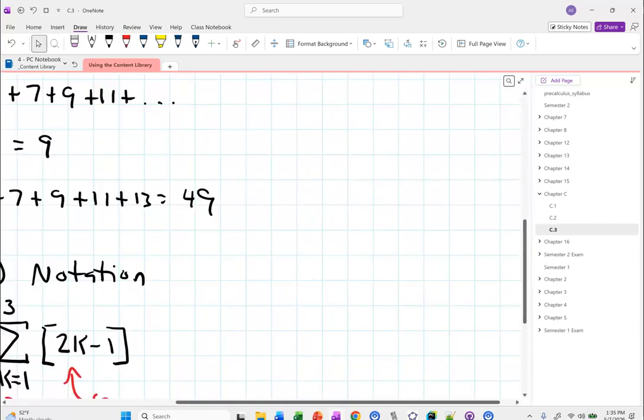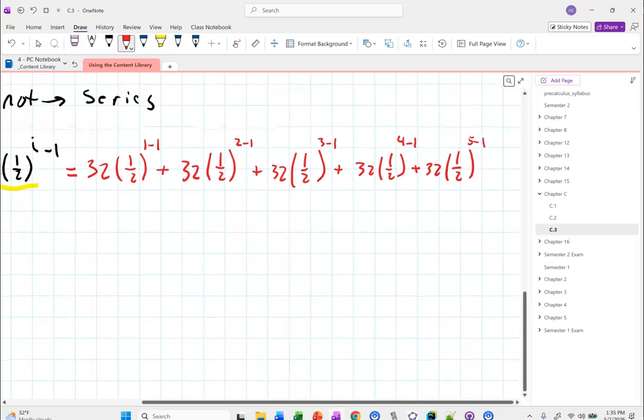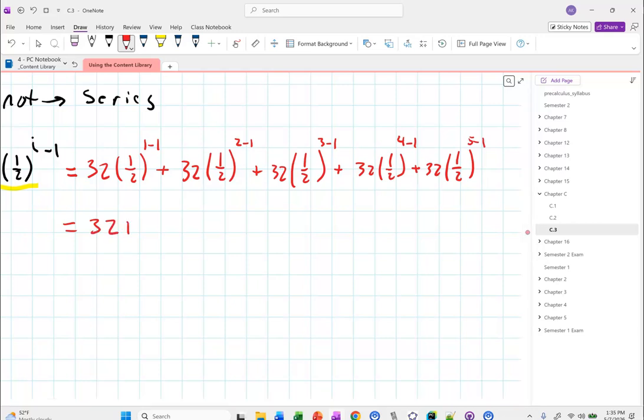Ooh, boy. There's the 5th term. So now if I just simplify things down, if I add all that stuff up, I think I get 62.